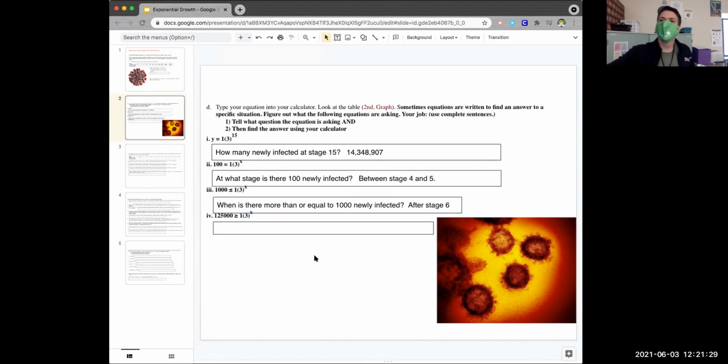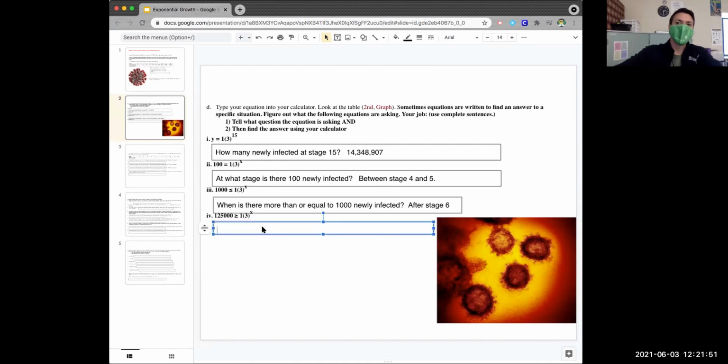Okay. One more on the slide here. It says 125,000 is greater than or equal to our function. That's saying when is 125,000 more than our function, or another way of saying it is when is our function smaller than 125,000?